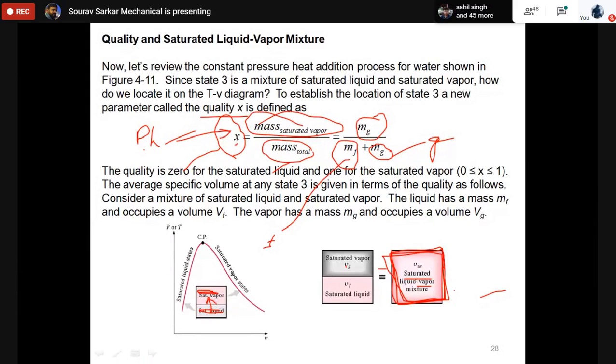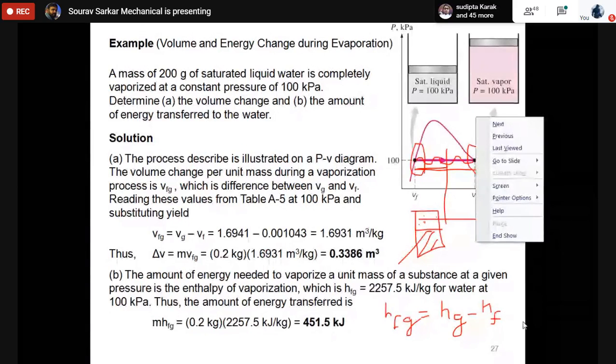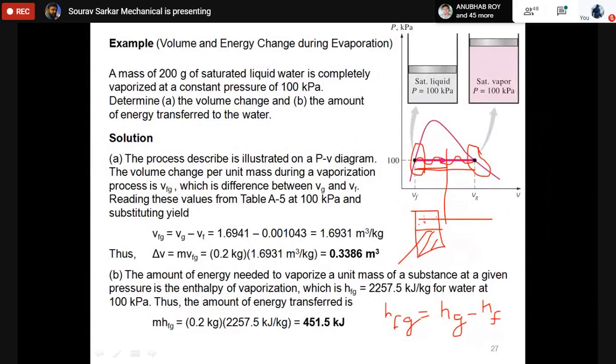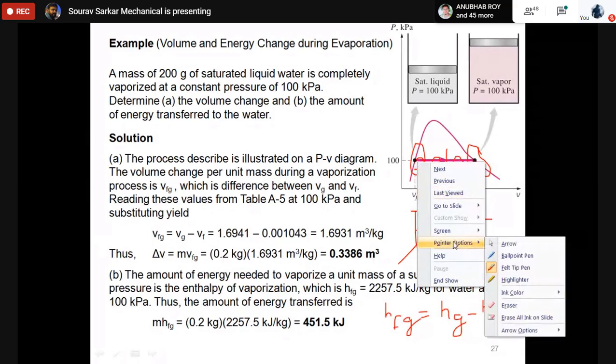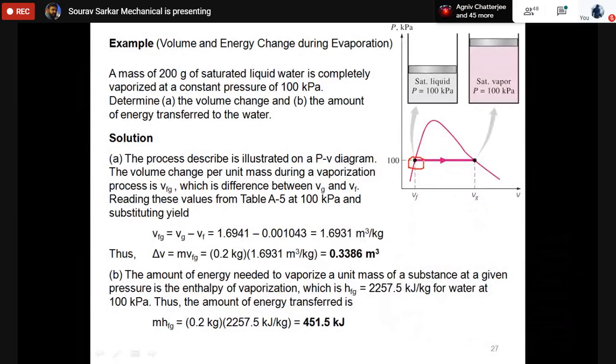So now we are trying to define the property values for intermediate points. Just like the previous example, if I start this process at point 1 and the process ends at point 2, it may not happen that the process ends at point 2.